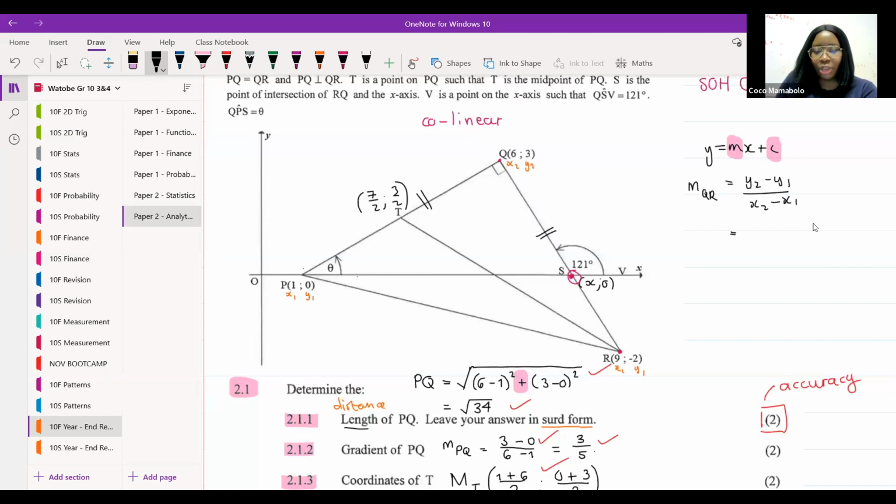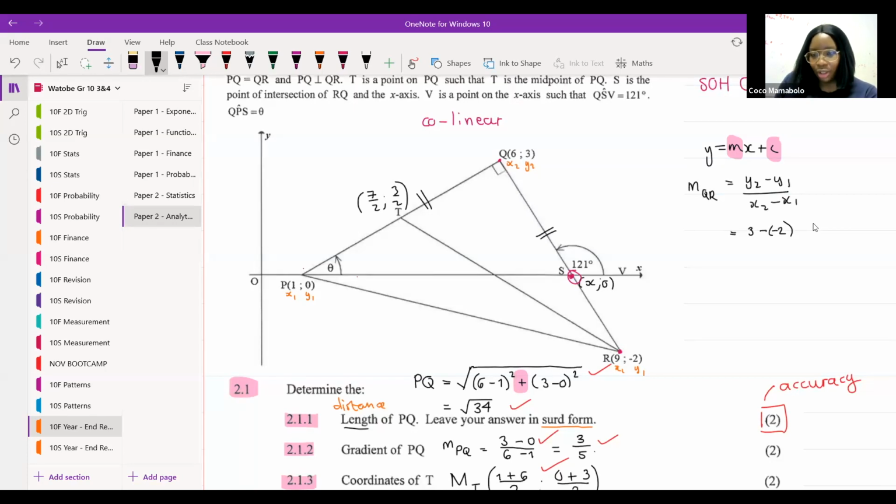Here's your x2 and y2. There's your x1 and y1. Substitute for me. So it's 3 minus negative 2.